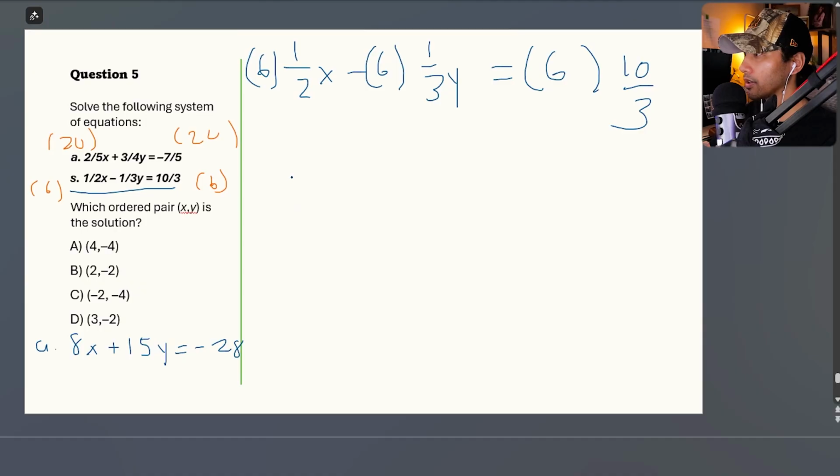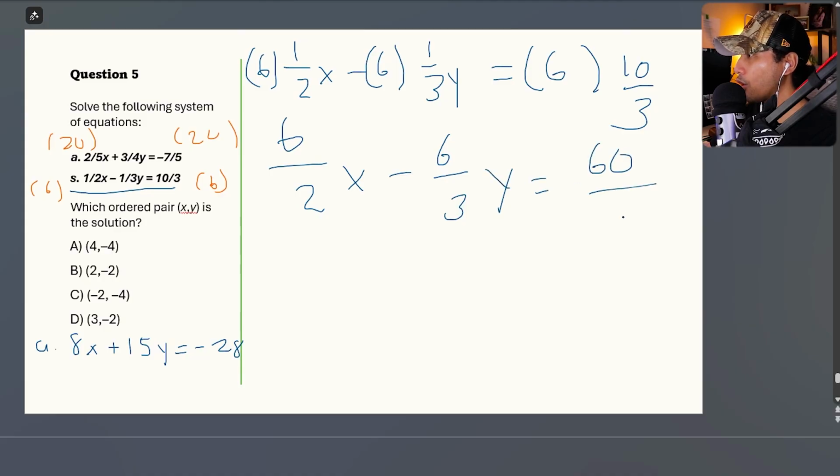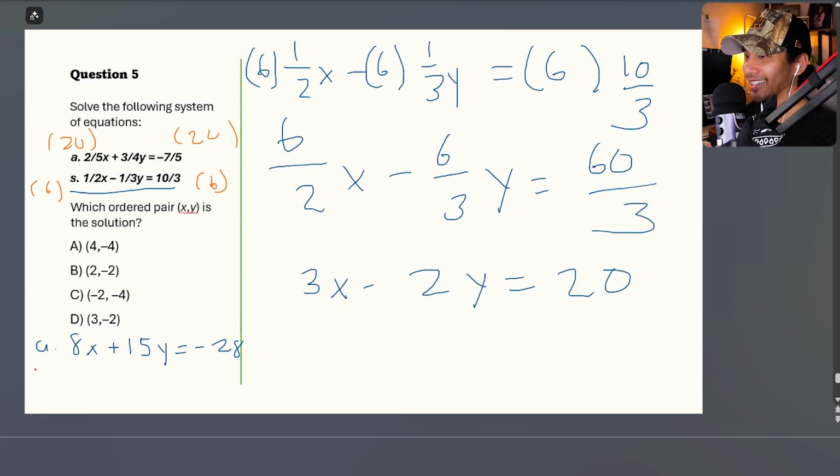Okay, so 6 times 1, 6 over 2x minus 6 over 3y equals 60 over 3. And then we get 3x minus 2y equaling, and this time it's 20. Okay, perfect. So we have A and S. S equals 3x minus 2y equaling 20.